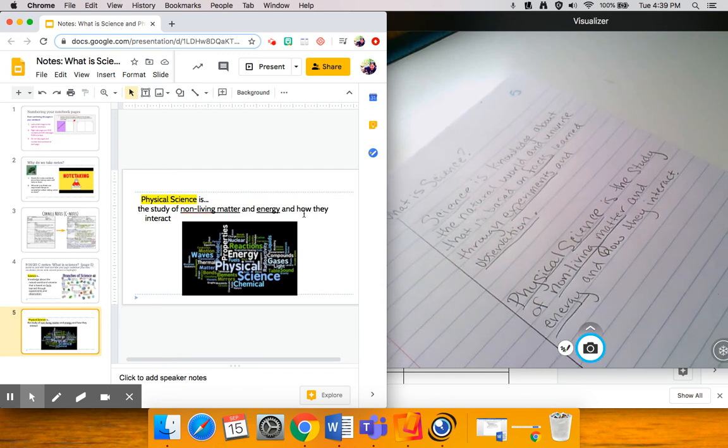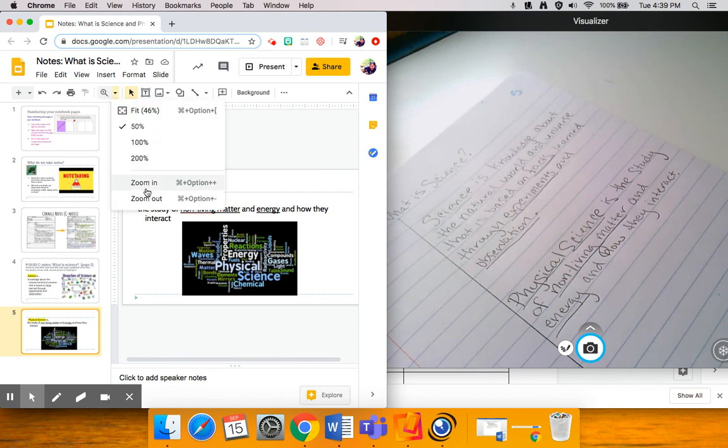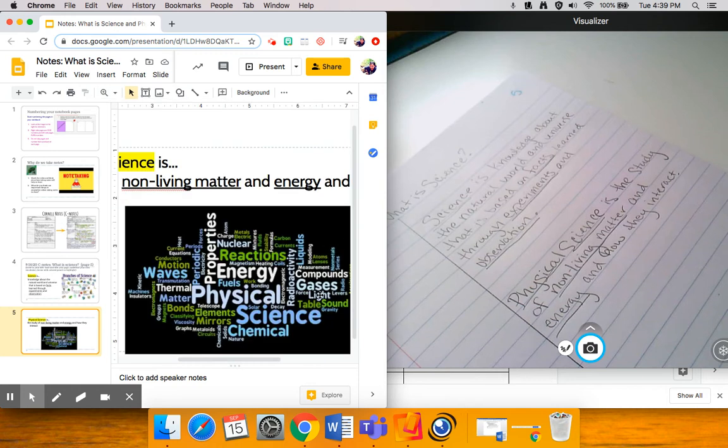All right, so that's a pretty great start for our notes. If we zoom in on our picture for physical science, we can see some of this non-living matter that we're going to study. Gases, liquids, right? Water. Water is non-living unless there's little microorganisms floating around in there, or fish.